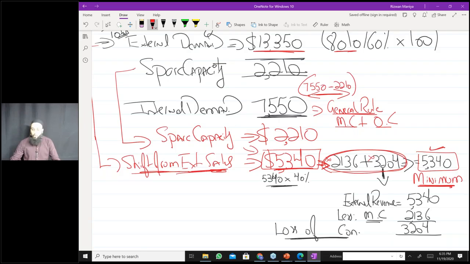This is the concept. No need to show marginal cost or opportunity cost. The concept is we will not go below this figure because I'm getting this in the market. Agreed? Concept clear? Say yes.